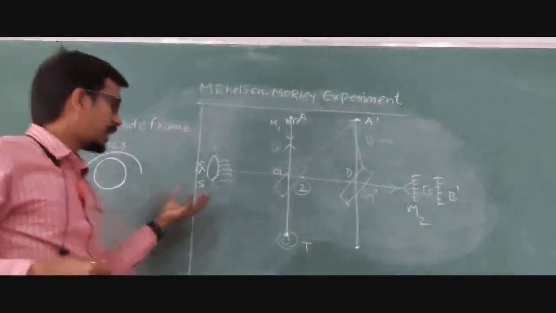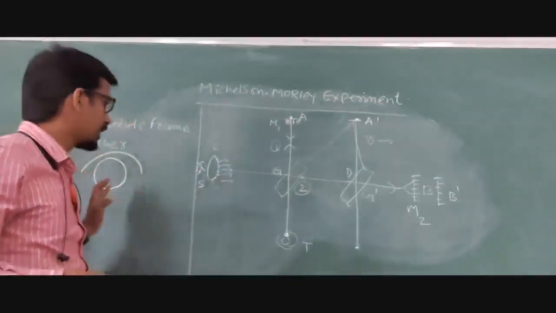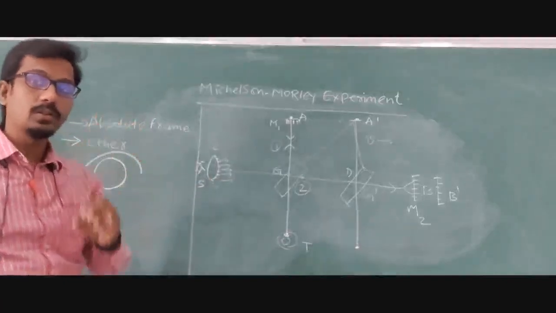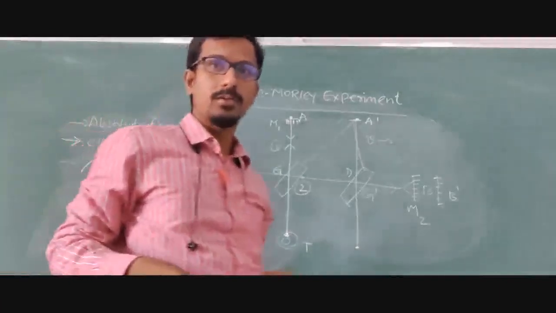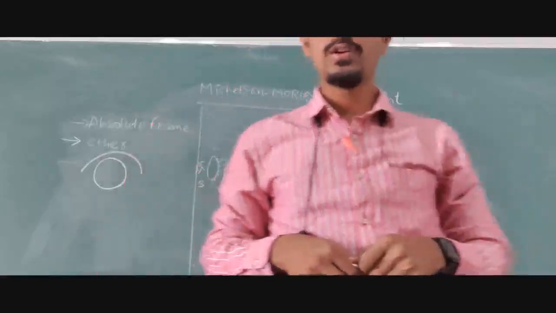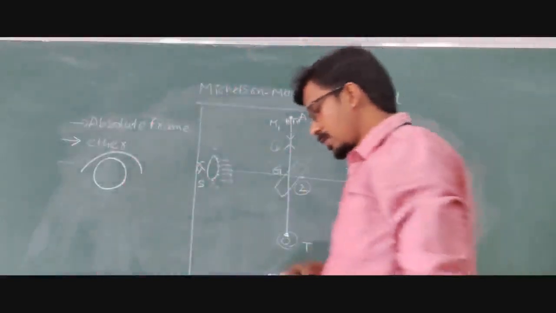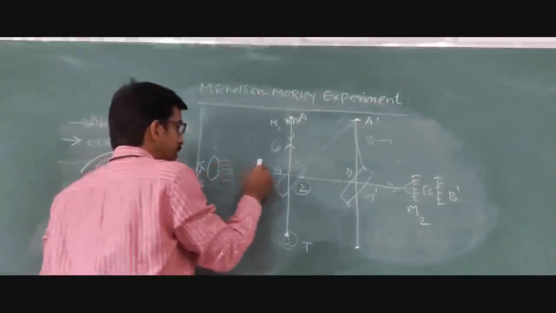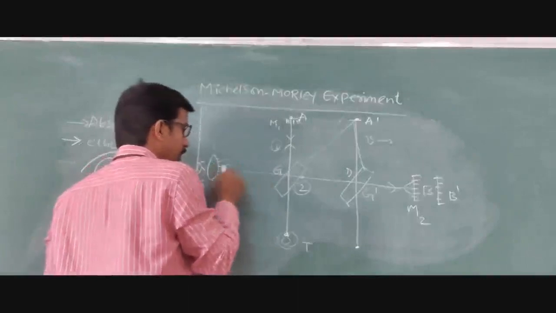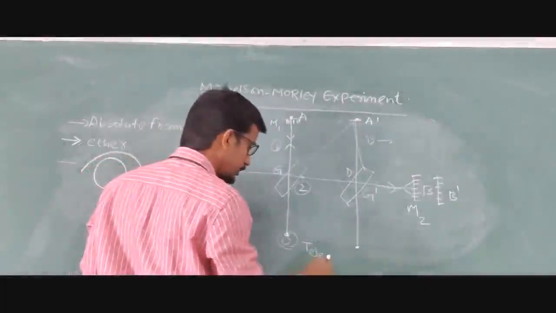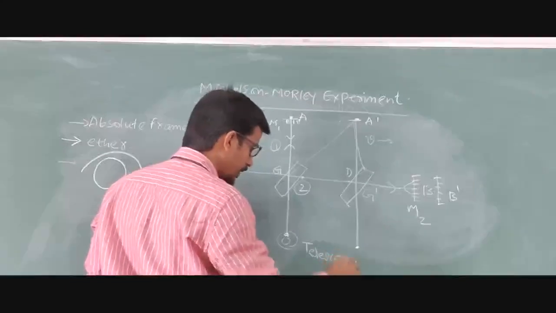When the light is on, what is happening? Michelson and Morley's target in this experiment was to determine the velocity of Earth with respect to the ether. Understood? So here the light is going to pass from here. The target is here, the telescope, the Michelson interferometer.